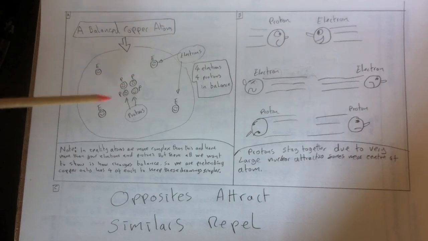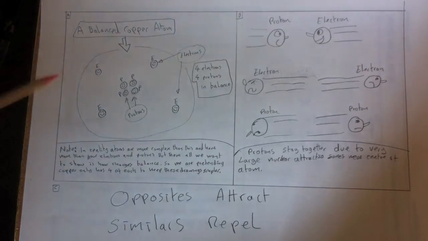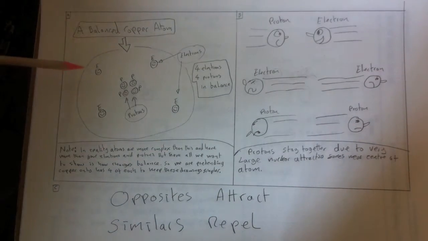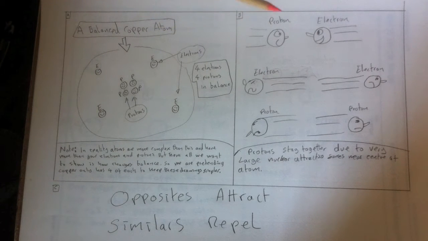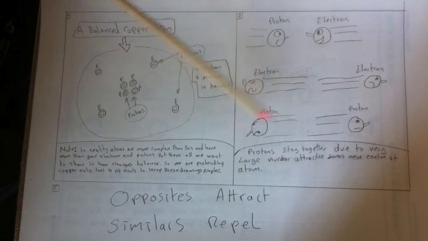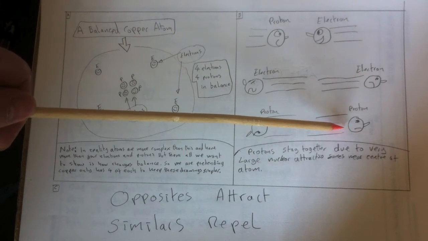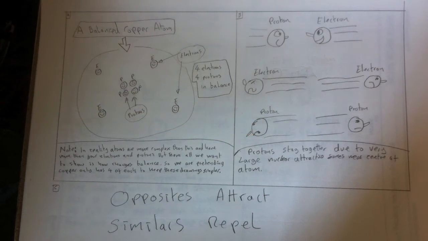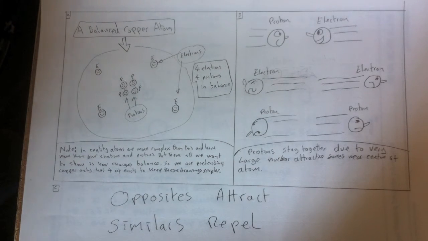Very strangely, this opposite typeness makes protons and electrons attract each other, but the same typeness makes objects repel. So two electrons, which are the same typeness, will repel each other, as do two protons, which are also of the same typeness. This attraction and repulsion force is called the Coulomb force.